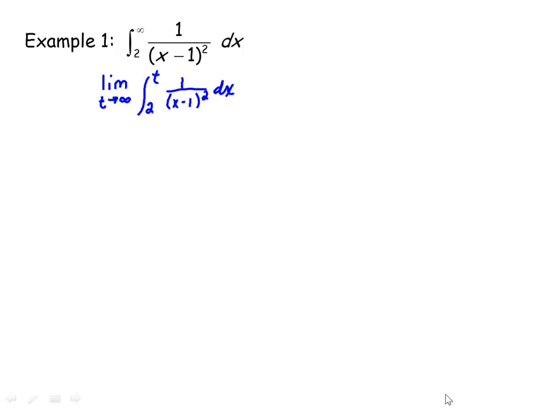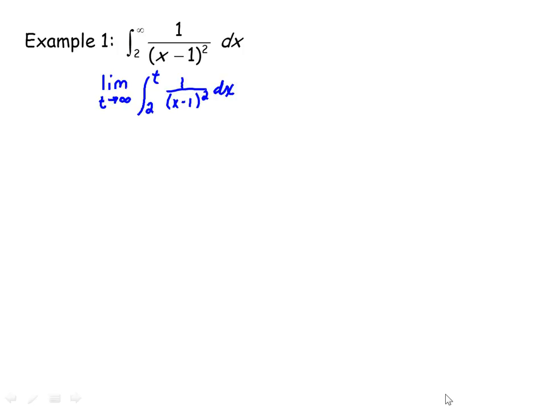Okay? So do you see what I did? I just wrote it as a limit, taking infinity out of my integral so that I could actually do the antiderivative without applying infinity initially.